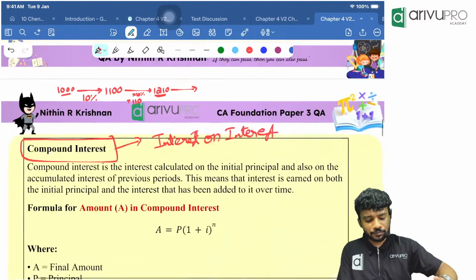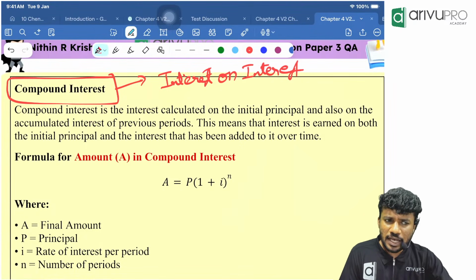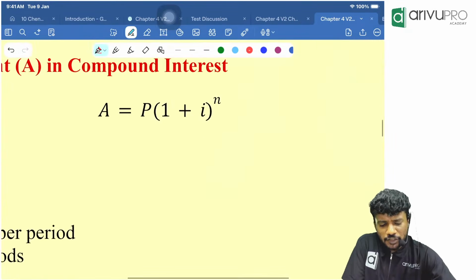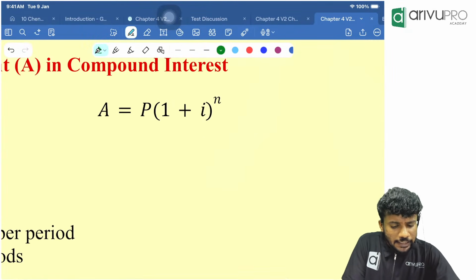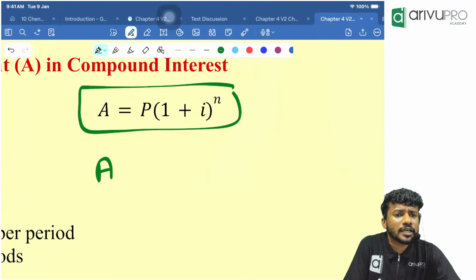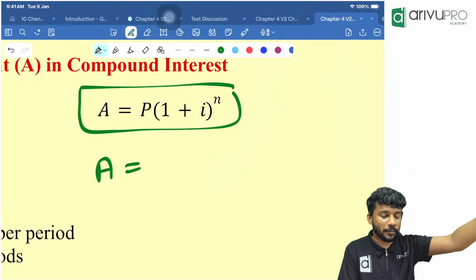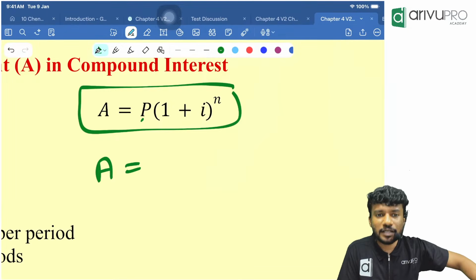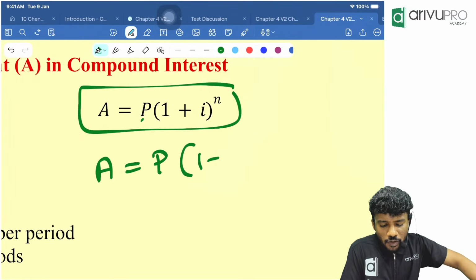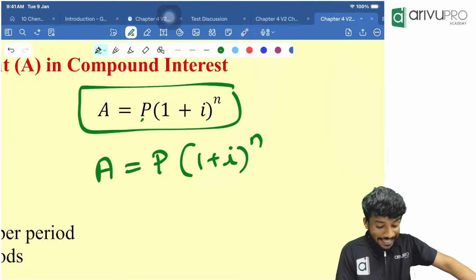Now people, we have a formula for compound interest and a formula for the amount also. First, I'll show you the amount formula. Amount is our final value or the future value which we get when I invest a principal P. The amount is P into (1 plus i) the whole power n.